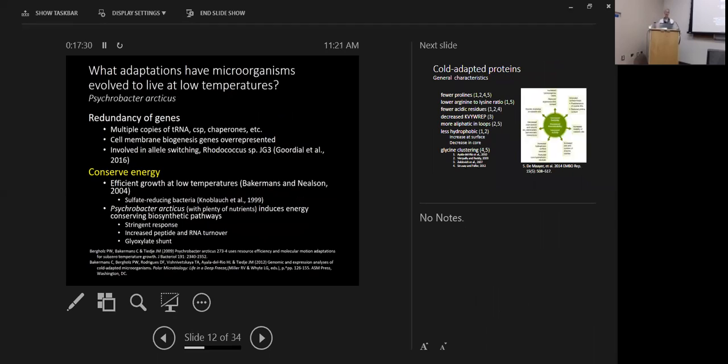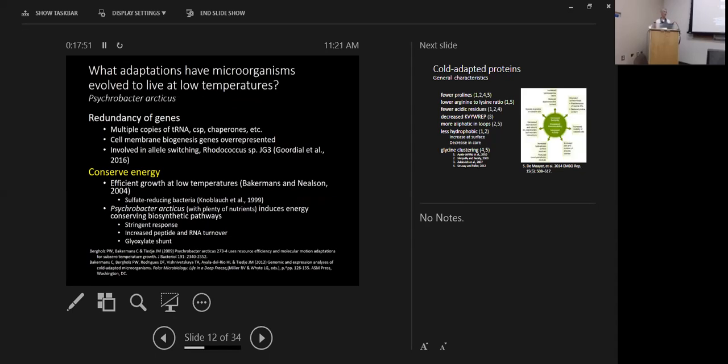And we have some data to support that, but we need to do more to really understand if that's what's going on there. And conserving energy, this would seem logical. Most microorganisms have to conserve energy, right? But again, not very well documented in other psychrophiles. We do know that Psychrobacter have very efficient growth at low temperature.